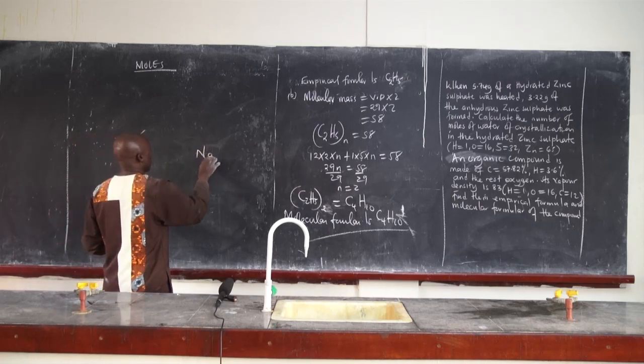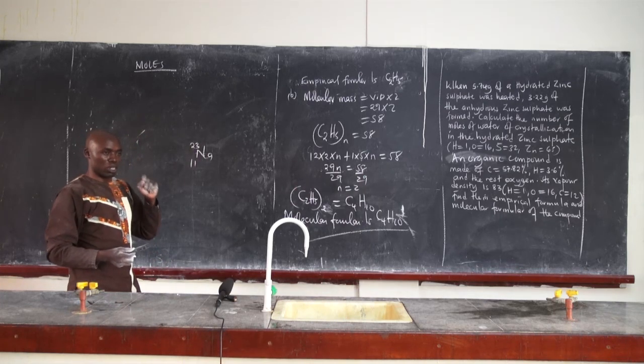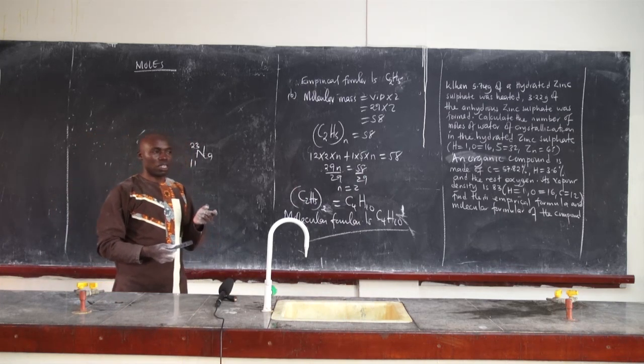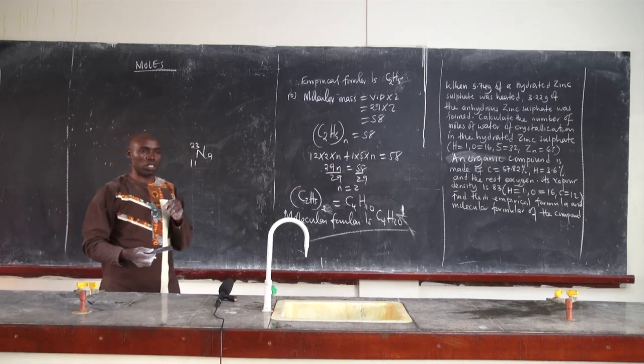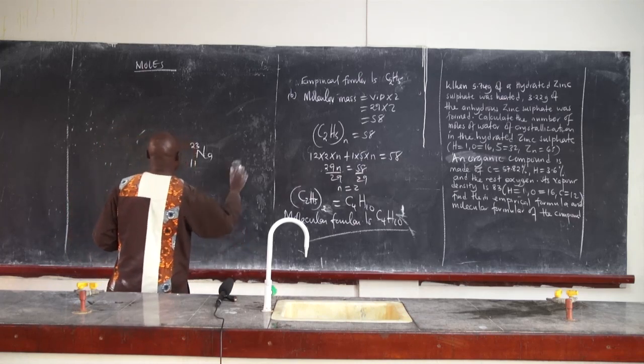If you have sodium, which is 23, the mole would weigh 23 grams, but in terms of particles it would be 6.02 times 10 power 23.